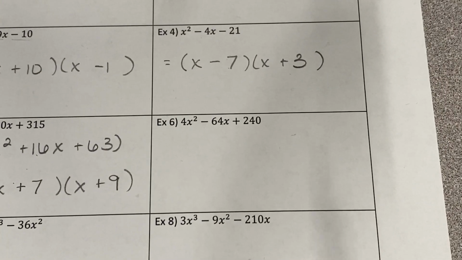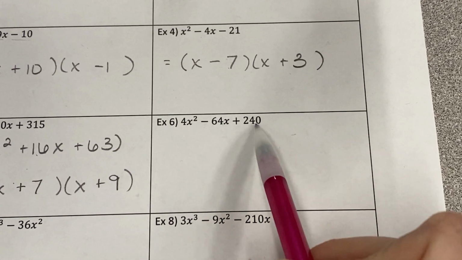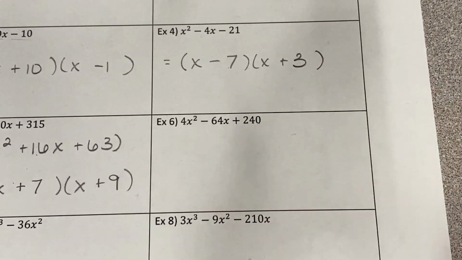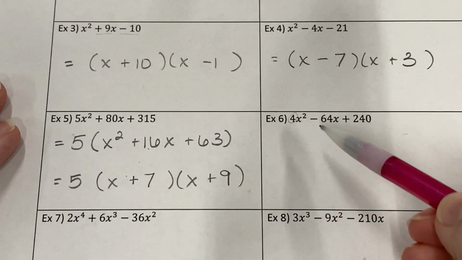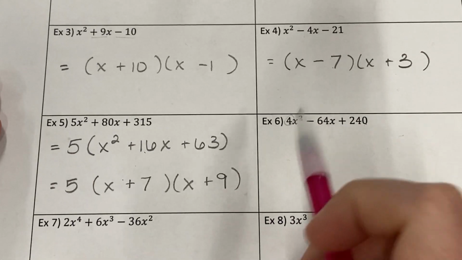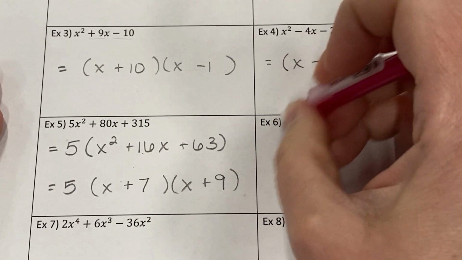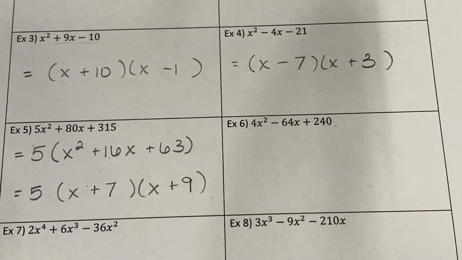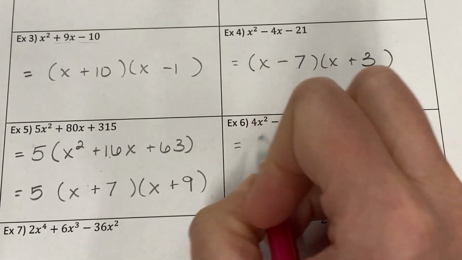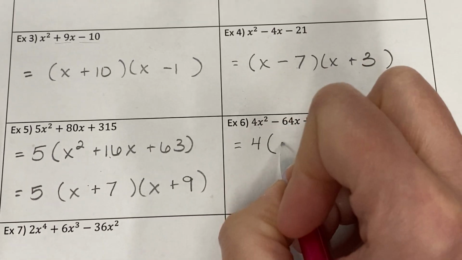Example 6. GCF? Yes. All of those numbers are divisible by 4. Here's a little hint. Usually I look at this first coefficient and see if they're all divisible by it. And in this case they are, and then I check out my variables. This term doesn't have a variable, so there's no variable in the GCF.